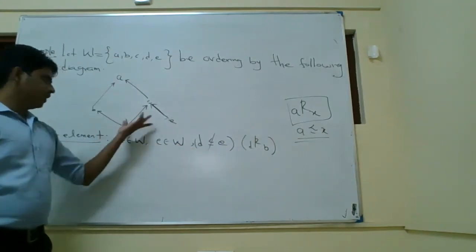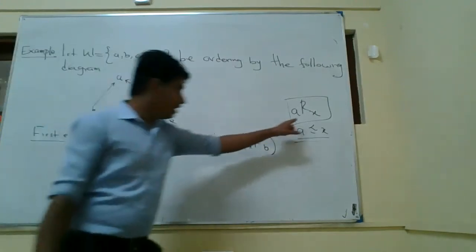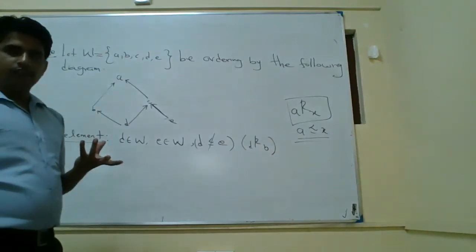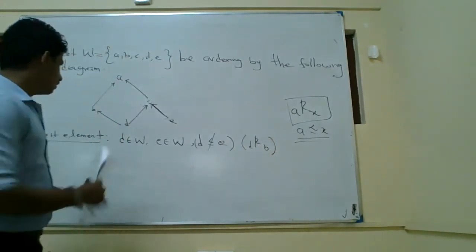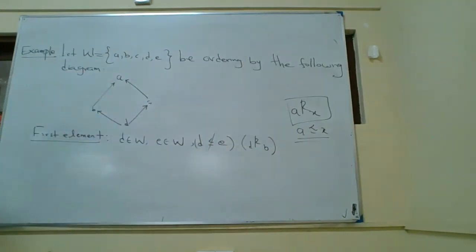No relation. That means for every element X, there is a relation to A. Suppose this is not there.